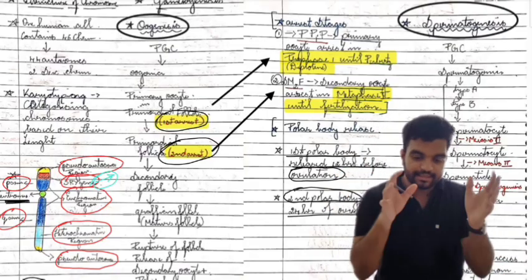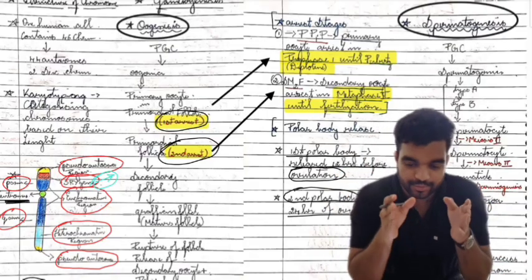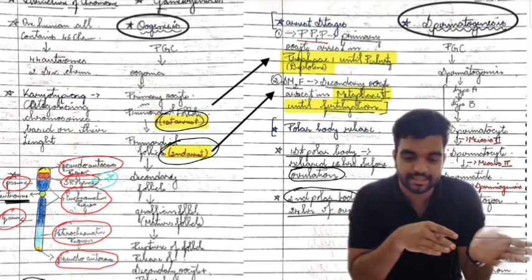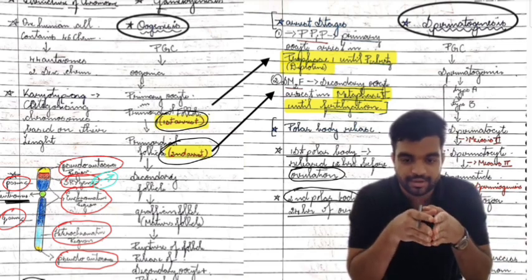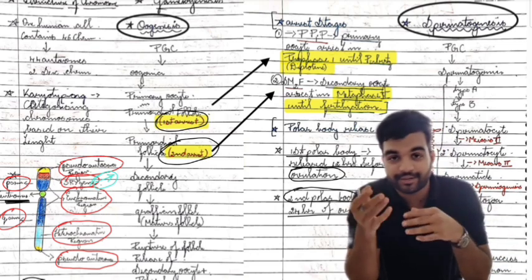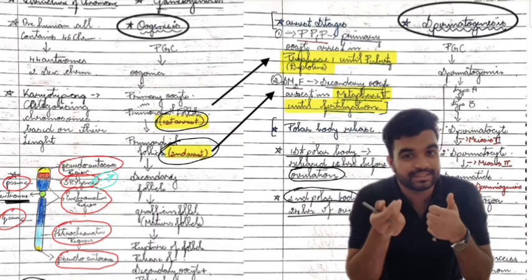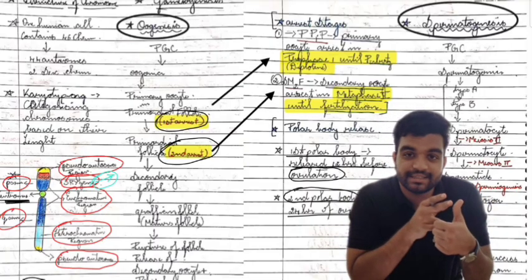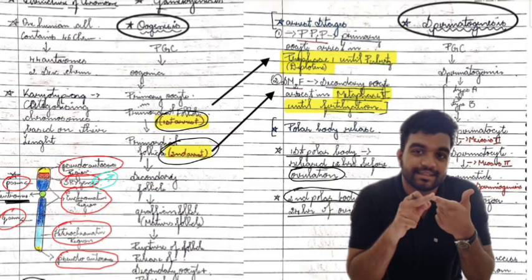Let us take the case where the chromosome has no SRY gene and has decided to form the female gonad, that is the ovary. Female gonad is ovary, male gonad is testis.